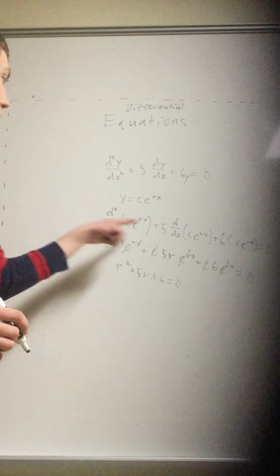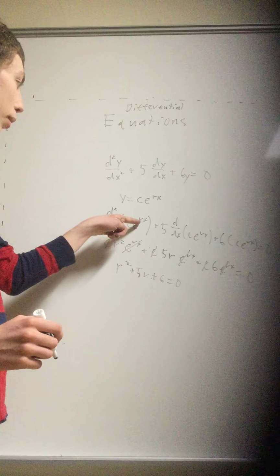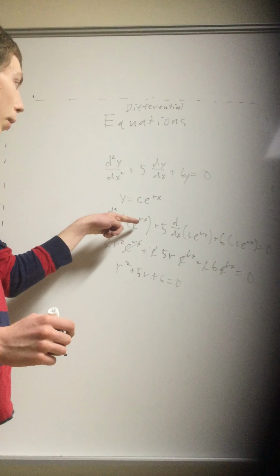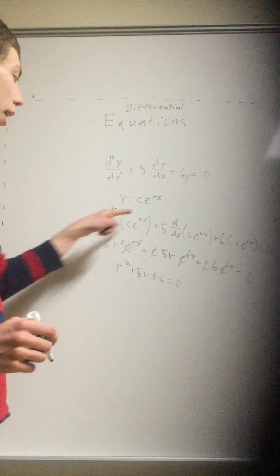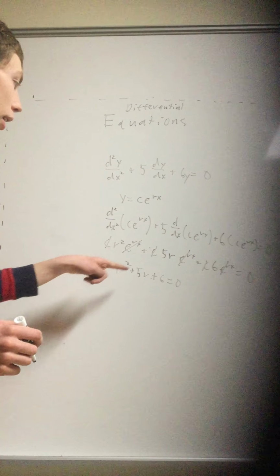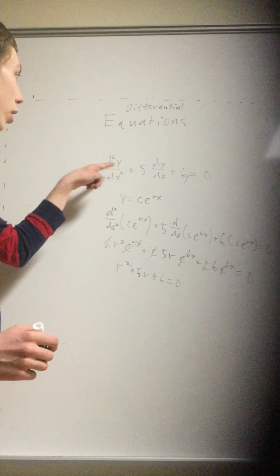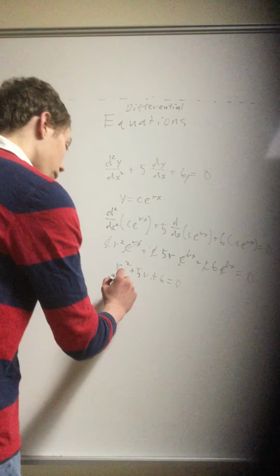And it turns out, if you guess a solution to a differential equation, and you have some sort of constant in it, and you have a parameter in it, and you get an equation that has no more x's, it just has that parameter, and you solve for the parameter, those solutions will be solutions to the differential equation. So this one we could factor.